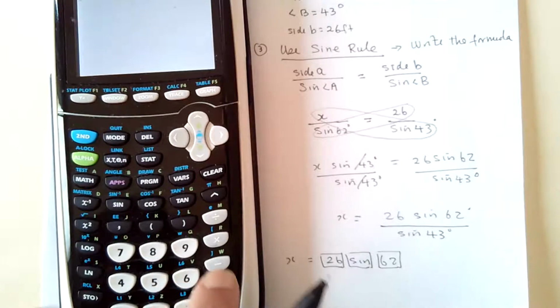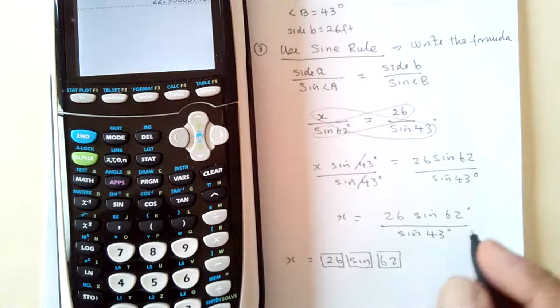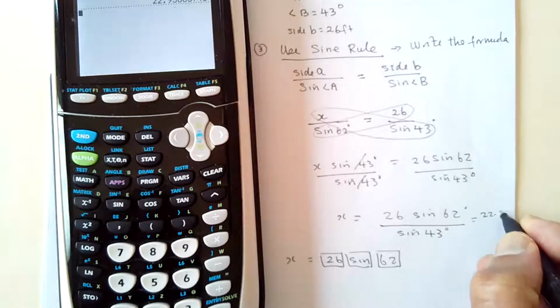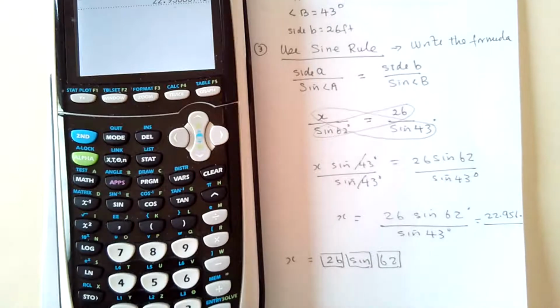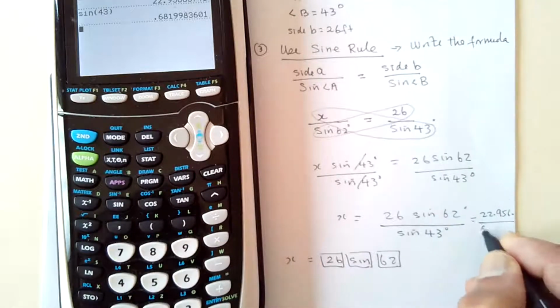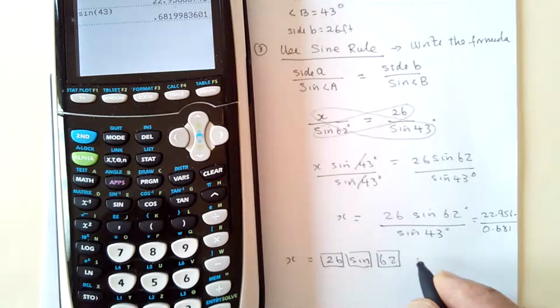I'll press enter just to see that on top here it's 22.956. Then sine 43 is 0.681.